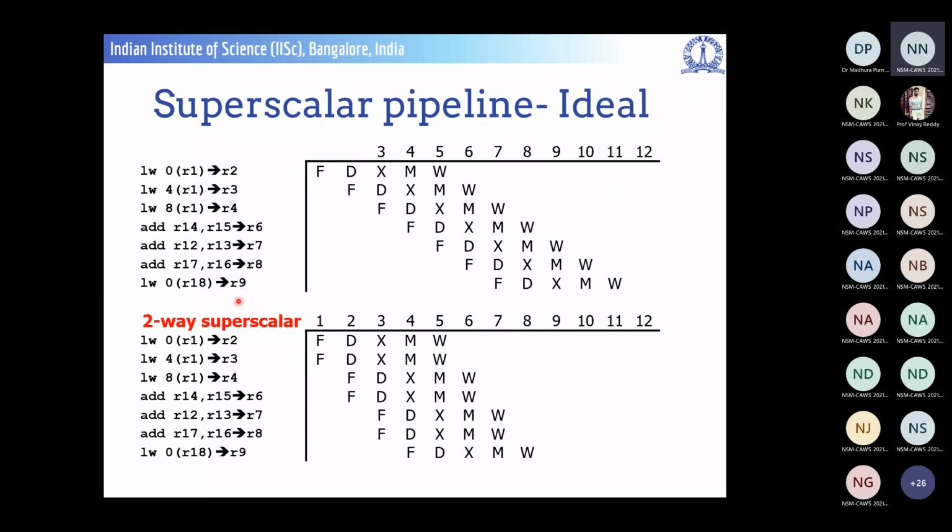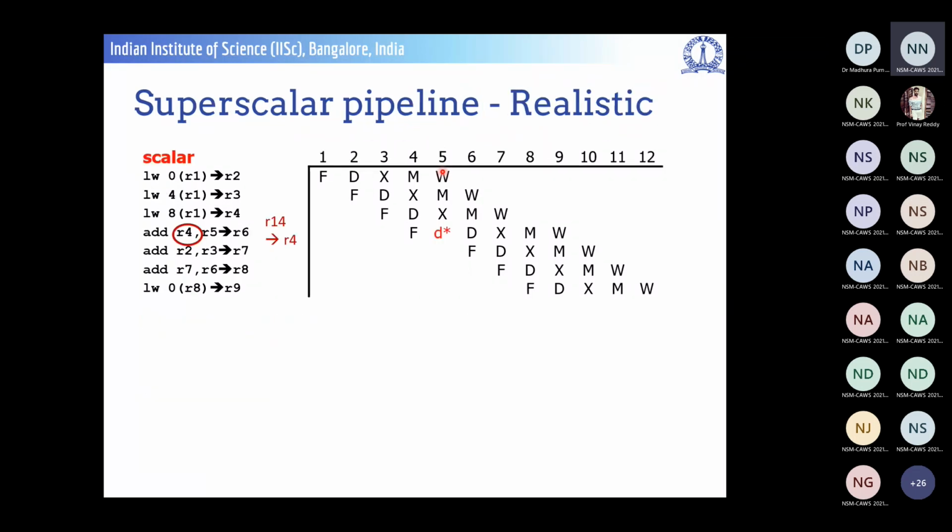That's the ideal situation, when there are no dependencies, for which you would otherwise need to put a bubble or stall in the pipeline. But that's not a realistic case, right? Often you would have to put in a stall or a bubble. So what really happens if you have a dependence? Earlier it was R14, now we'll make it R4, so that this add instruction is dependent on the previous instruction.